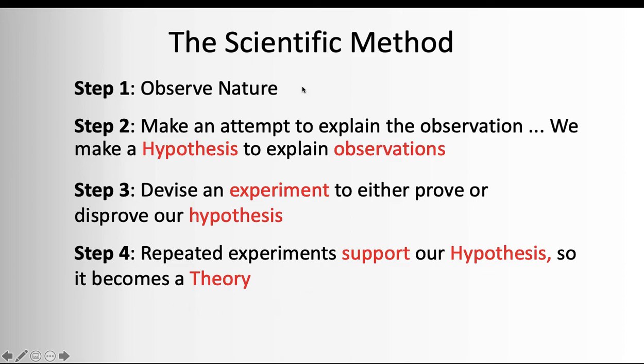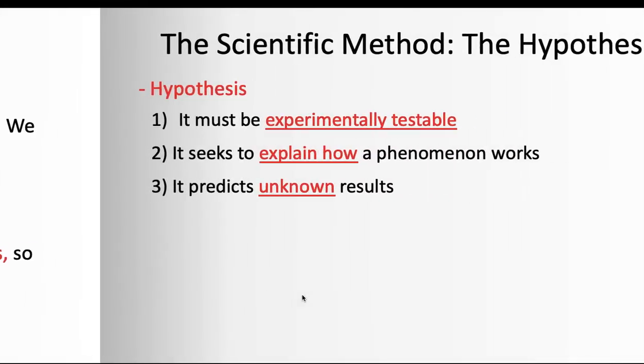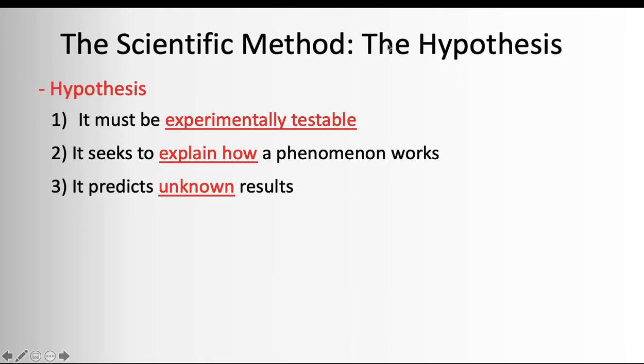We will talk about all these steps in turn and what they mean, but I want to focus really on the theory and the hypothesis connection because a lot of us have been sort of misled during our years of study that theory and law are the same thing, which they aren't. So let's talk about the scientific method, the hypothesis part.